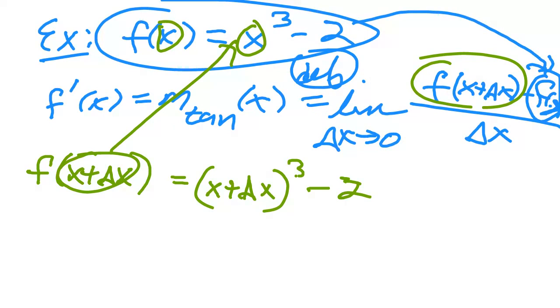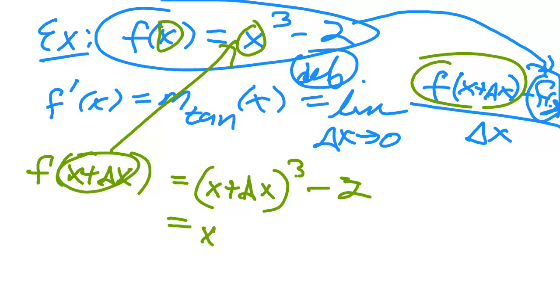But we need to simplify this out so we can get rid of stuff. So this is where I talked about Pascal's triangle and stuff like that in the videos. Did you watch the videos on that or not? Yeah. Otherwise, you square it out and then multiply everything else by x plus delta x and use the distributive law twice.